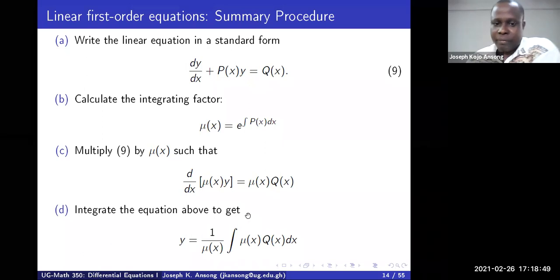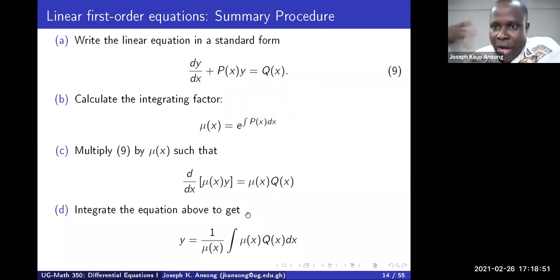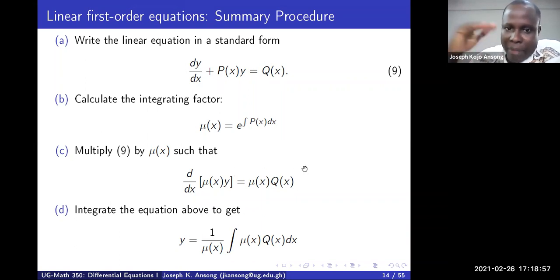It's not a good idea to memorize formulas if you don't have to. It's better to know the method for doing it. That is easier to remember than memorizing formulas. But in any case, this gives you a form of solution to the linear first order differential equation. I hope I've made myself clear here.